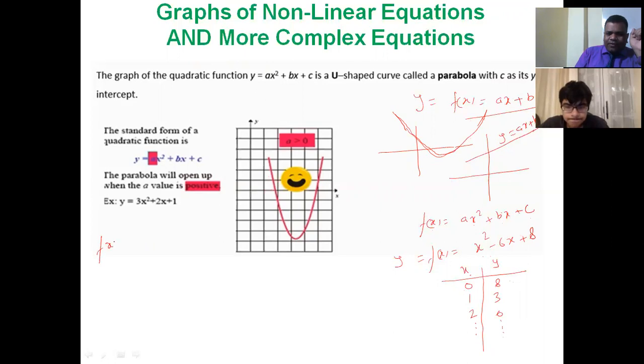When I say f of x equals ax squared plus bx plus c, and in this, if a is positive, then the parabola opens up. We call it a happy smile. This is smiling and happy.